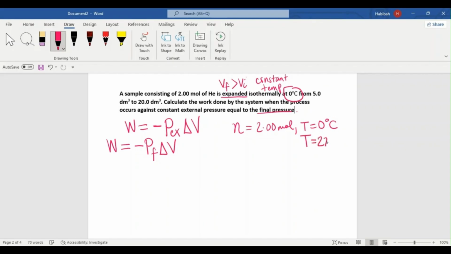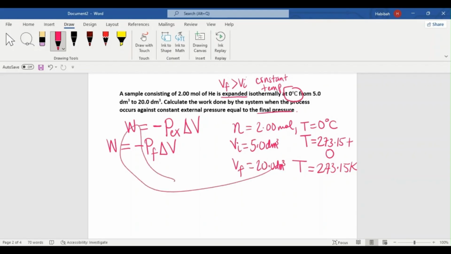So we have 273.15 plus 0, so the temperature is really just 273.15, and then, of course, we add the Kelvin unit. Then we write out the fact that V initial is 5.0 dm cubed. V final is 20.0 dm cubed.